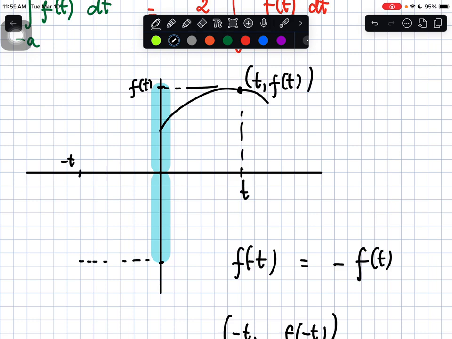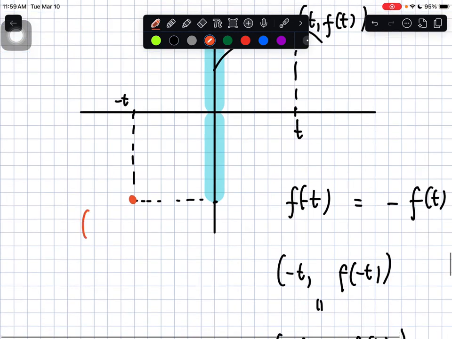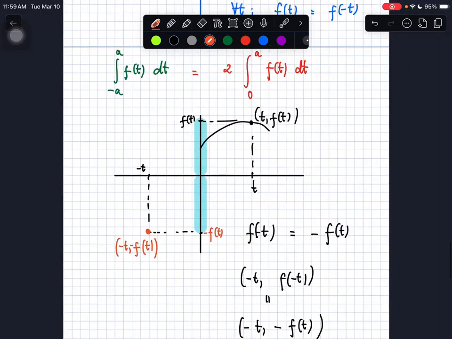So this point right here is a point of coordinates minus t, f of minus t, or minus f of t. This is also a point on the graph.